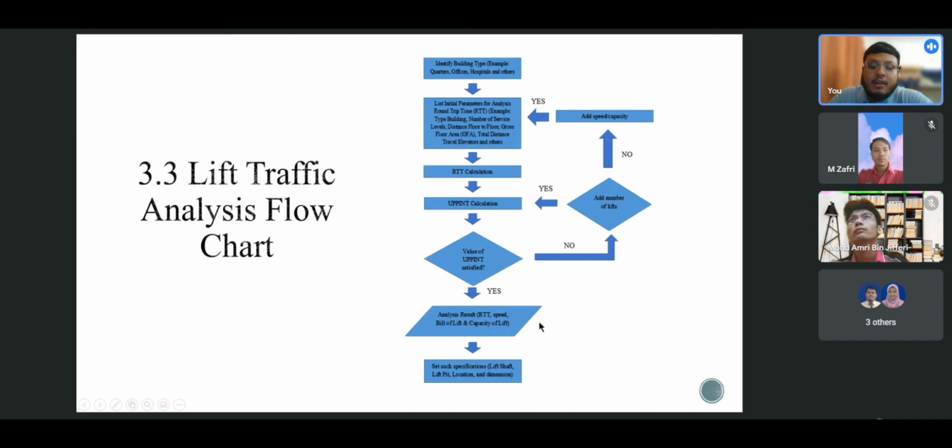If the value of UPPINT is not satisfied, we need to add the number of lifts, and then make the UPPINT calculation. If the number of lifts is not satisfied, we need to add the speed or capacity of the lift, and then if the value is satisfied, we go back to list the initial parameters for analysis of round trip time or RTT. That's all from me. Thank you.